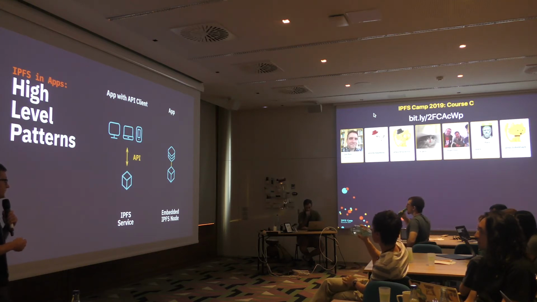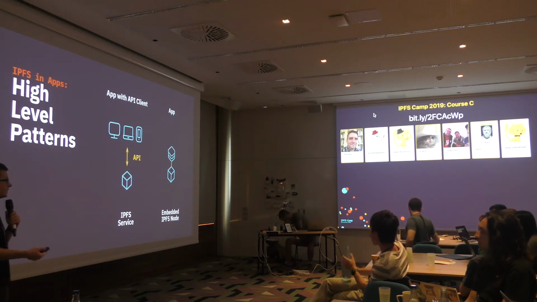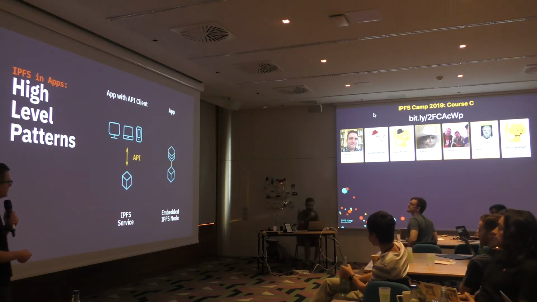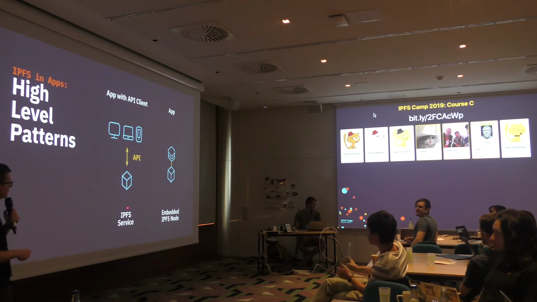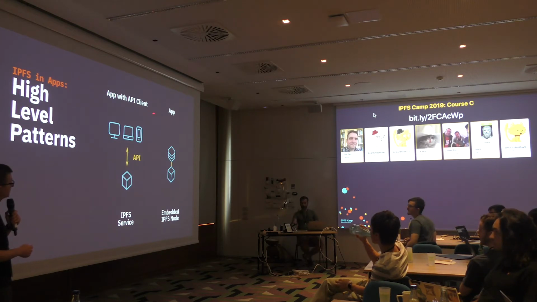It could be the same machine as a separate process and a separate user in the security sandbox, or a remote node somewhere in the cloud infrastructure. And your app talks to the IPFS node over that API. The second pattern is when your app and IPFS node are one and the same. Your app embeds an IPFS node and is effectively part of the swarm.